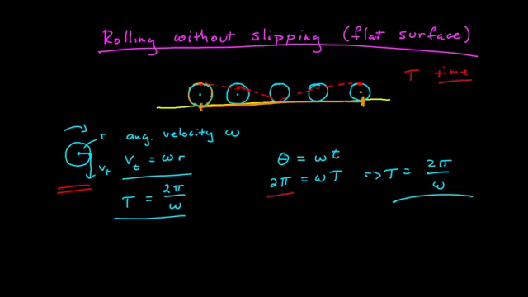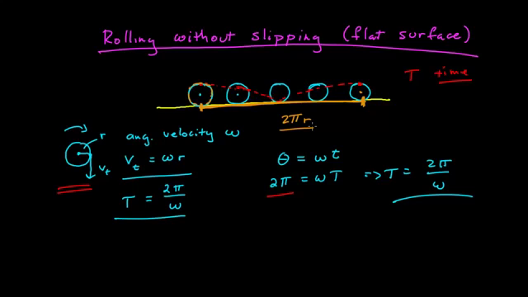You can think of it as if this were covered with orange paint, and as it rolled, it took off a very thin layer of paint all the way along. It would take off one layer of paint over the entire cylinder to go this far, and so this length is equal to the circumference of the cylinder. The circumference of the cylinder is 2 pi times the radius of the cylinder, which is r.